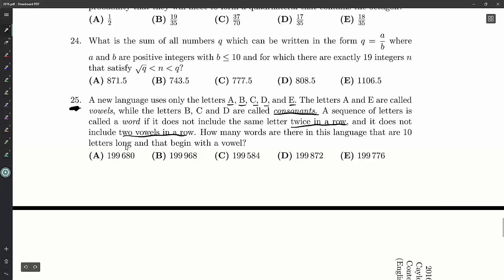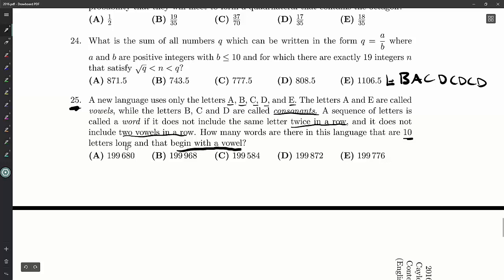Okay. So no BBs, but no AEs or EEs or EAs as well. So I guess something like B, A, C, D, C, D, C, D. That counts as a word, I guess. How many words are there in this language that are 10 letters long and begin with a vowel?